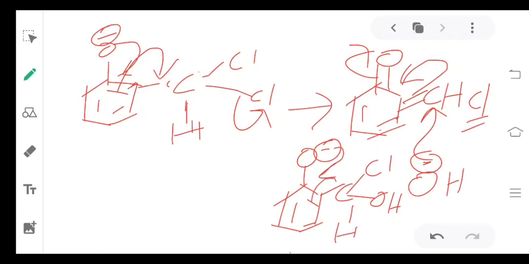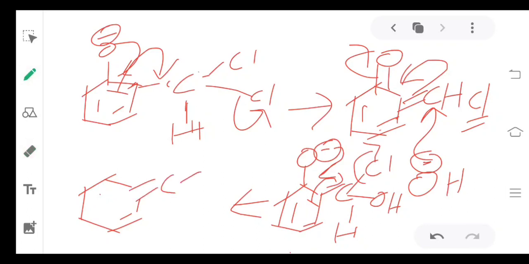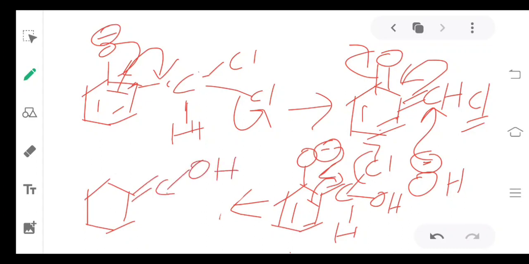The bond will shift onto the carbon and the Cl will leave, and at this time we will get a double bond with carbon, OH H. Just a moment, I'm writing it properly. Double bond with carbon, OH H, here double bond oxygen.